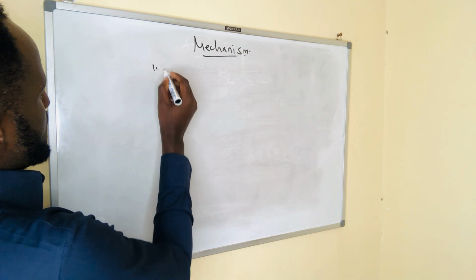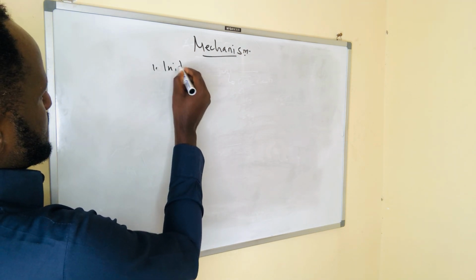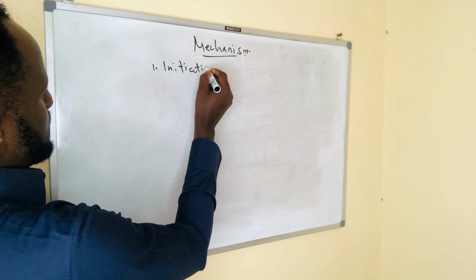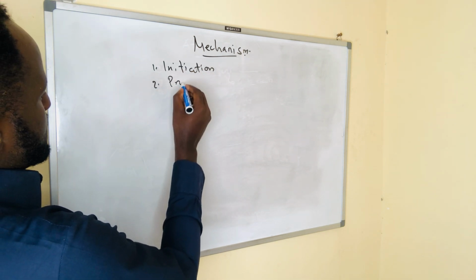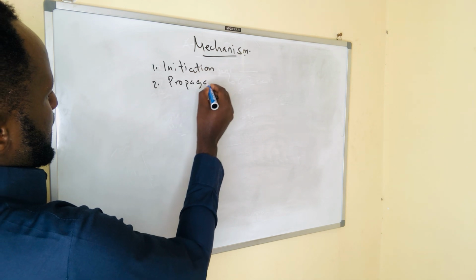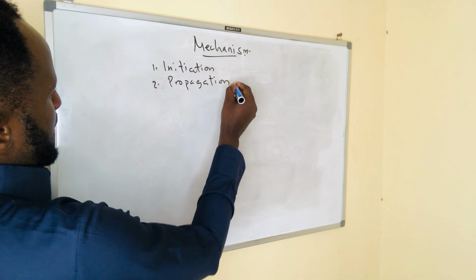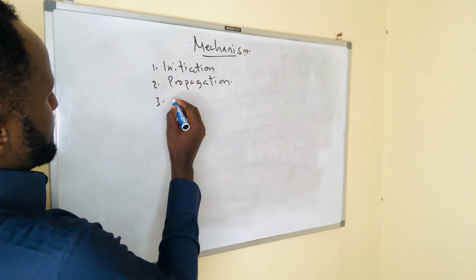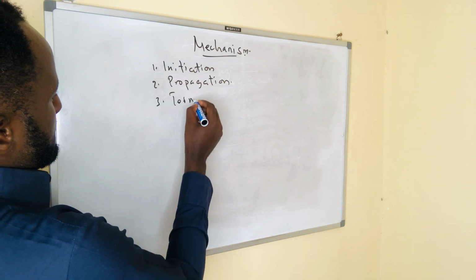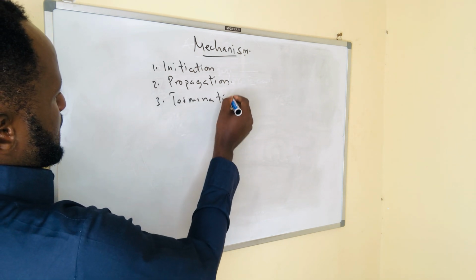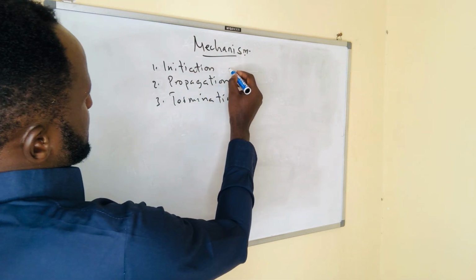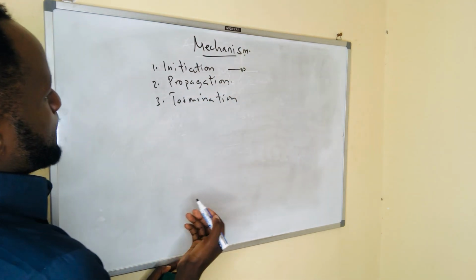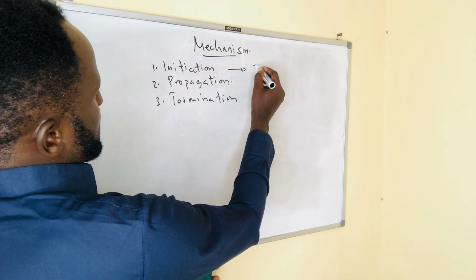Step number 1 we call initiation step or initial step. Number 2 is called the propagation step. And number 3 is called the termination step. The first one, the initiation step, involves formation of radicals.